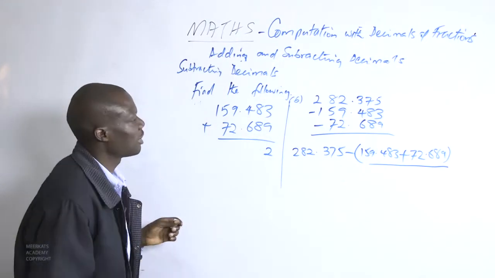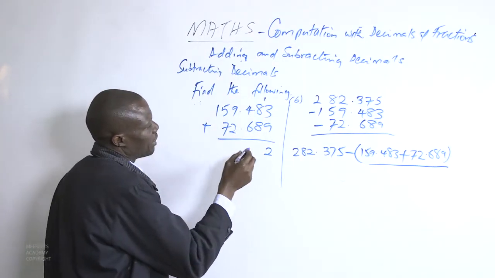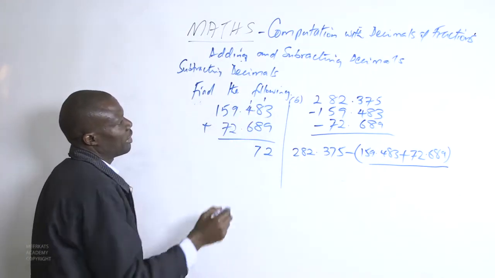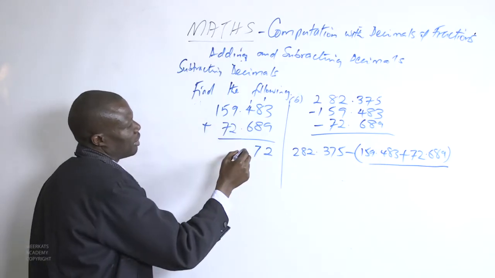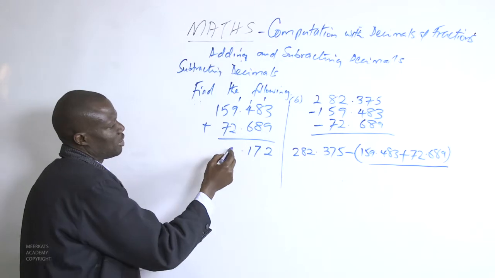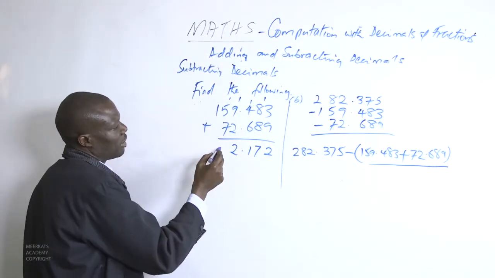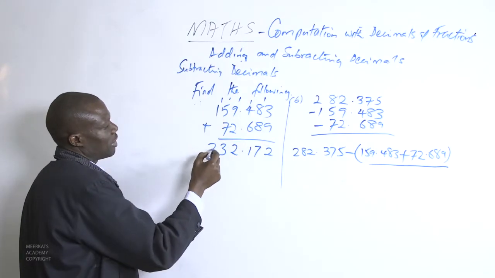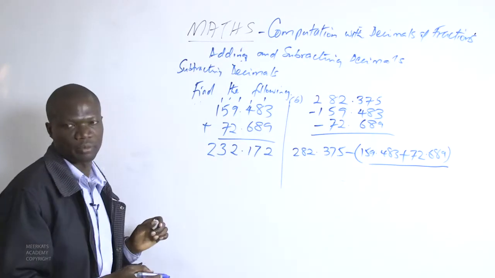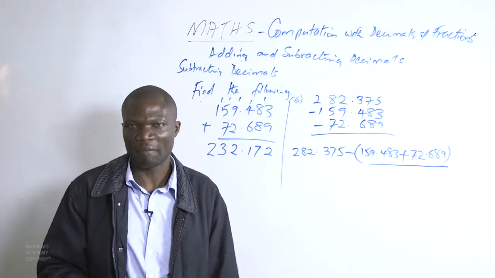This one is 16, we carried 1, so 16 plus 1 is 17, carry 1. This is 10 plus 1 is 11, carry 1. This is 10 plus 2 is 12, carry 1. This is 12 plus 1 is 13, carry 1. This gives us 2. So we have added what is inside the bracket.